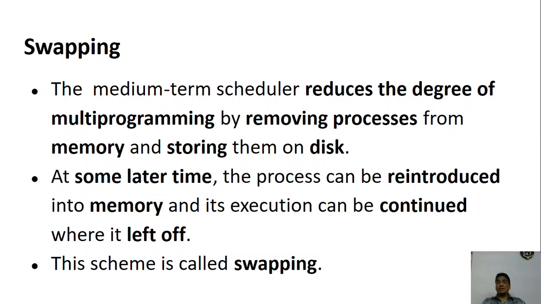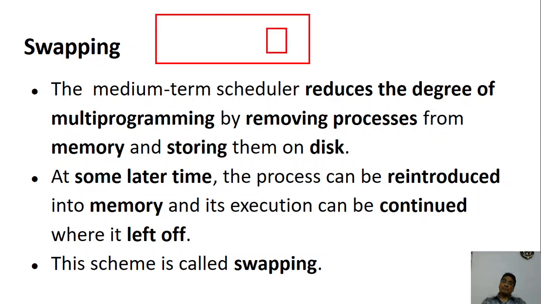This idea of taking one process and putting it onto the disk is called swapping. So you swap the process from the RAM to the disk, and at the appropriate time you swap it back. Taking your process from the RAM and putting it into the disk is called swap out.